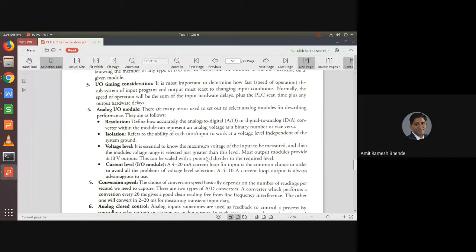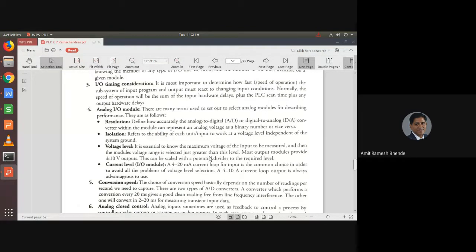But if you use an 8 bit analog to digital converter, the range of the input voltage is greater than that of a 4 bit analog to digital converter. So if you increase the resolution of the hardware, then its capability of handling the higher values also increases.